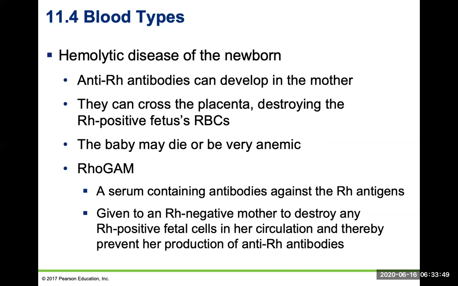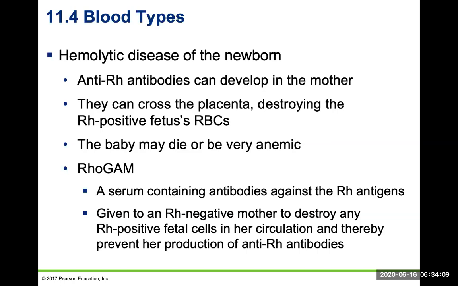The first pregnancy with a mom, if she hasn't created the antibodies yet against an Rh positive fetus, will be okay, but in subsequent pregnancies, she'll have those antibodies circulating in her system, and they could cross the placenta and the baby could die.